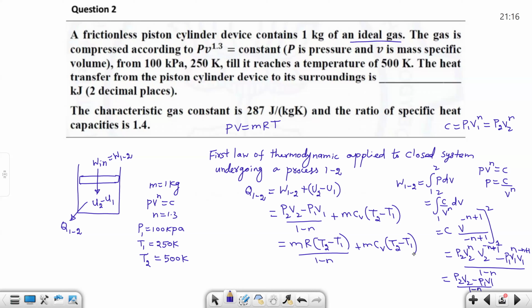So now we can substitute the values. Mass is 1 kg, R is 287 joule per kilogram Kelvin. So the answer you will get in joule: 287 into 500 minus 250 by 1 minus 1.3.